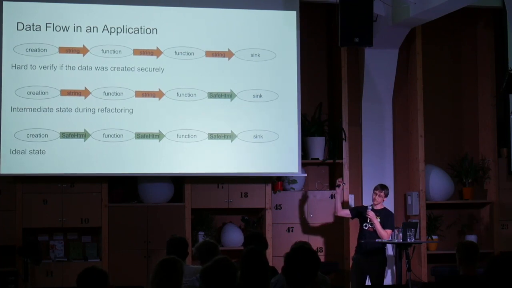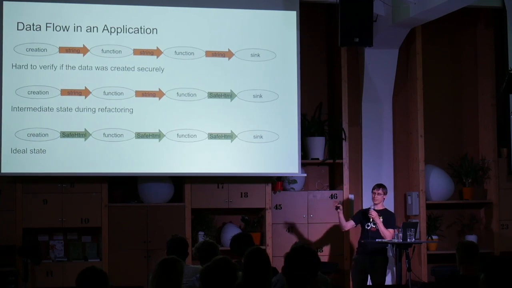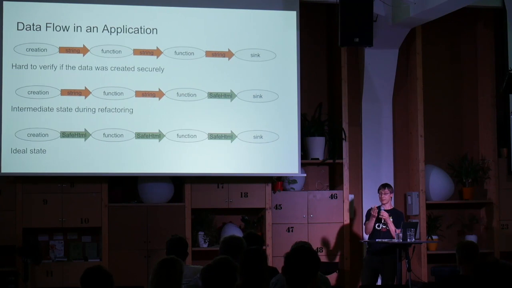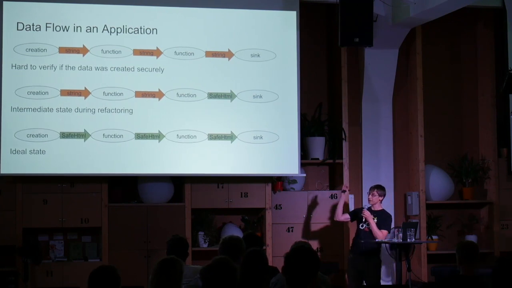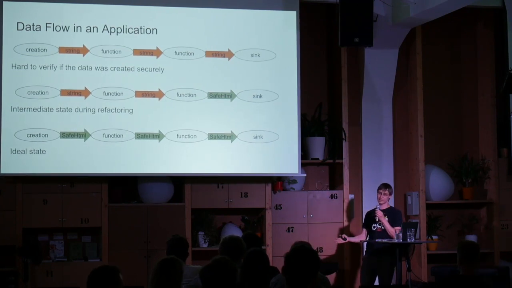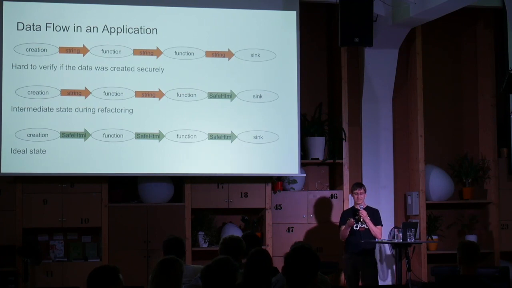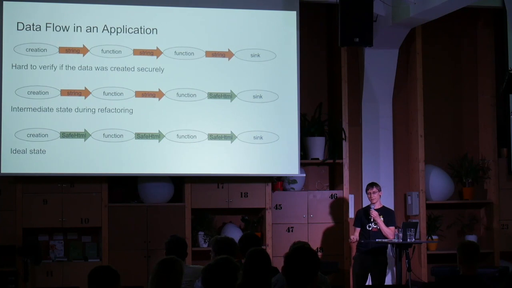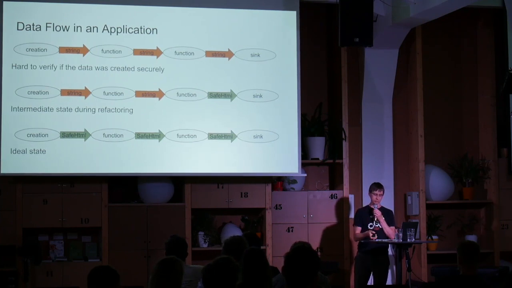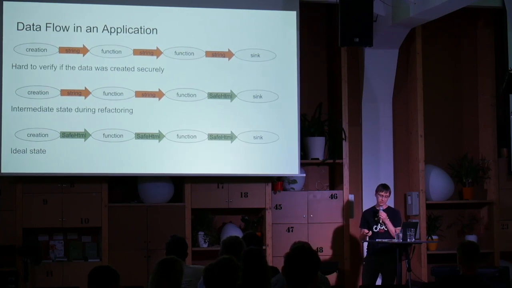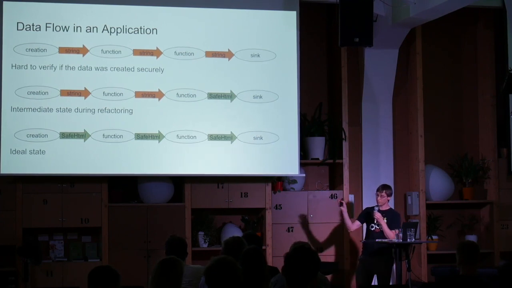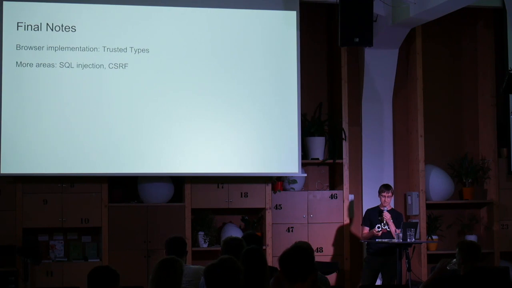So the first step during refactoring is to allow only safe values in the sinks and create them somewhere up in the chain. And the ideal state is to create them at their inception, right? So where they were originally created, you assign safe HTML to them and pass it through your application, and then you can say all my application is safe.